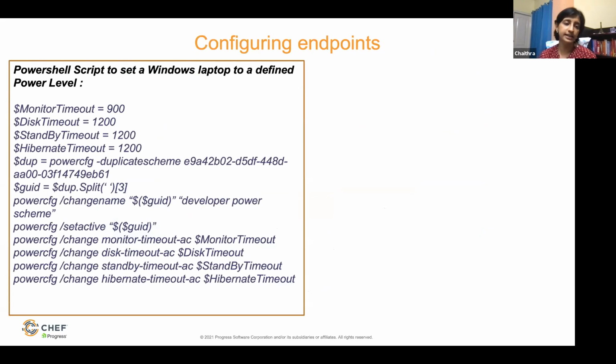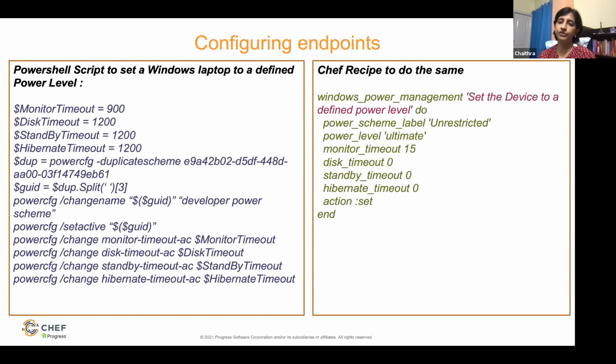So let's look at an example here. This is a PowerShell script. What we are doing here is we are setting a Windows laptop to a defined power level. And if you compare this to that of a Chef recipe, this Chef recipe has a Windows Power Management resource. And what you can see here is there are a few properties that are passed to this resource, and all the underlying commands and actions that need to happen to actually configure your endpoint would all be taken care of by Chef.